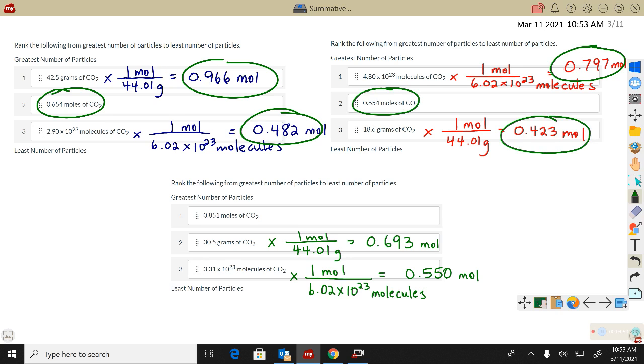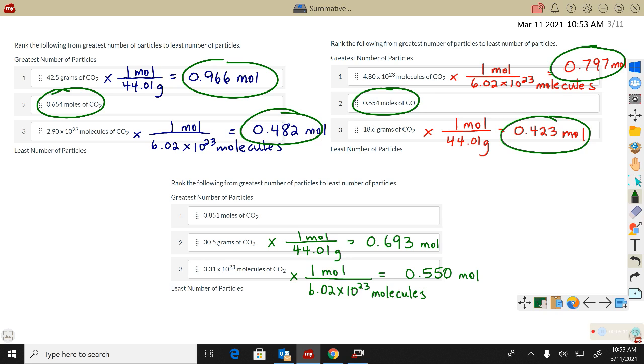Moles is a unit that represents a quantity of particles. And then same thing with the last choice. The first number was in moles, 0.851. And then I ended up with about 0.693 moles when I converted 30.5 grams into moles.